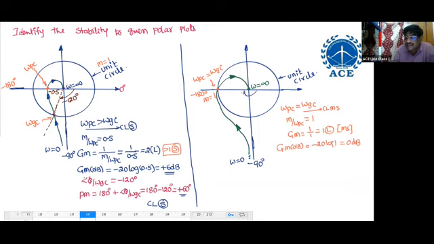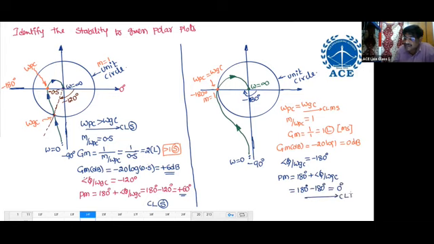Even if you write the phase margin, what is this angle? Minus 180. Phi at omega GC equals minus 180. Phase margin is 180 plus phi at omega GC, so 180 minus 180 equals 0 degrees.